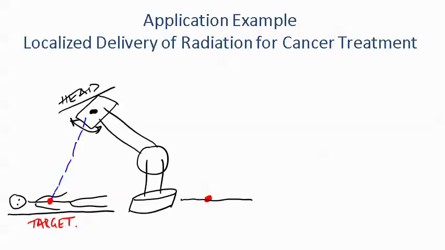And then let us also draw the head and the ray that is being generated by the head. If everything is great, the ray will hit the target. However, if there is an error in the positioning of this head, let's say an angle theta, where will the ray hit?